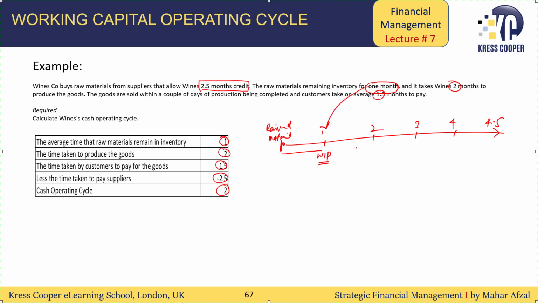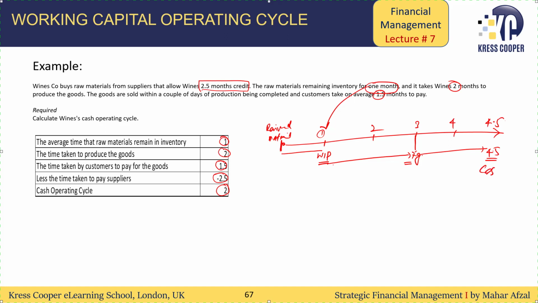Then it takes 2 months to produce the goods. So inventory conversion cycle is 2 months. So 1 plus 2, 3. From work in process to finished goods, it takes 2 months. Just after production, goods are being sold and customers are taking 1.5 months to pay. So the customer will be paying at the end of 4.5 months.